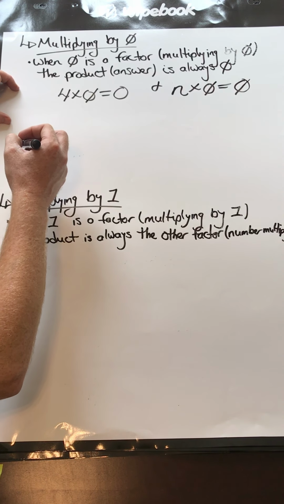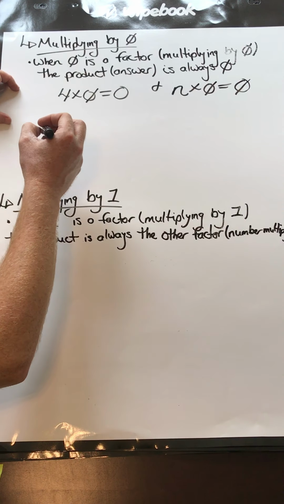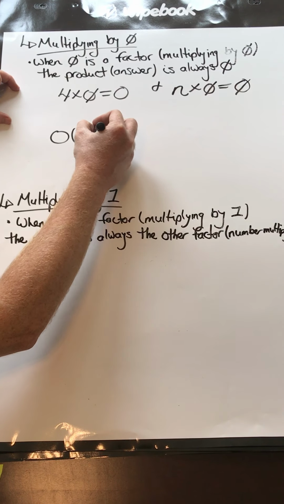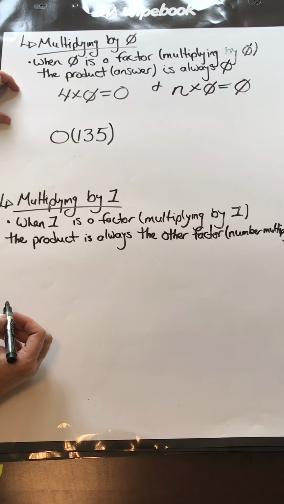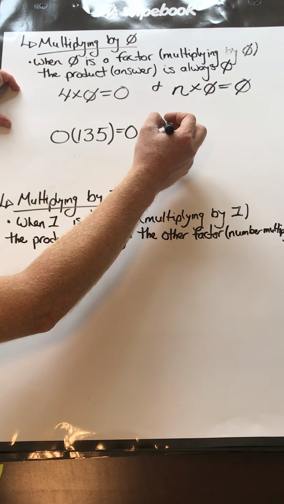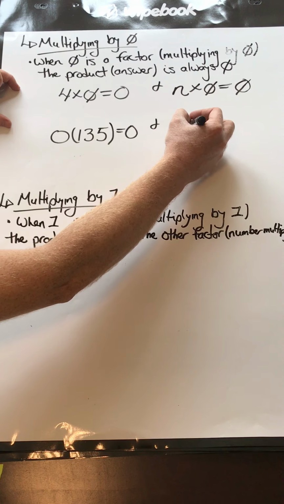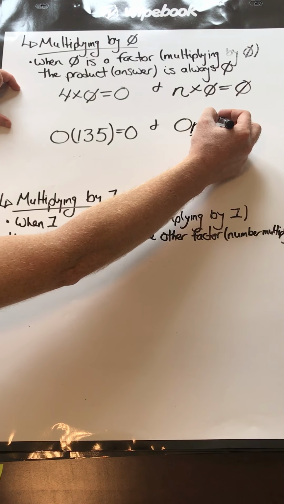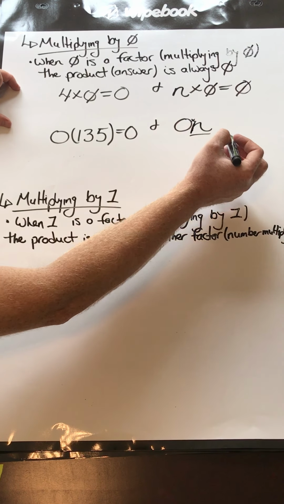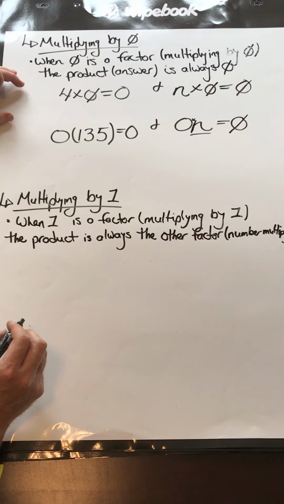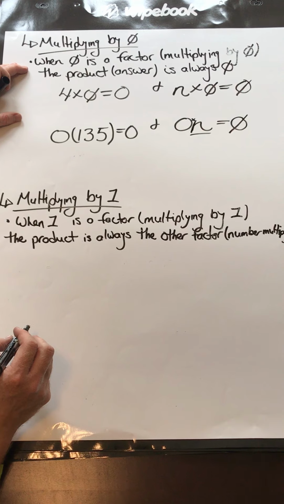If we had 0 times 135, well, that is going to equal 0. And if we had 0n, so that's not "on", that's n with a variable, and there's an itty bitty times right in there, that is also going to equal 0. All right, so when 0 is a factor, the product or the answer is always 0.